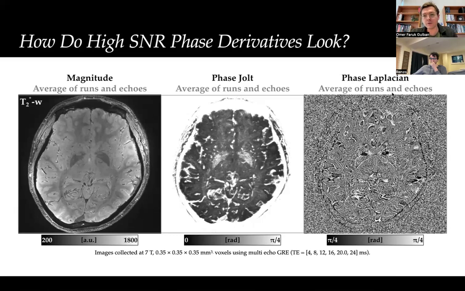Whereas when you look at the phase Laplacian, for a human just looking at the image, this is not so easy to understand compared to magnitude or phase jolt images. So there is a pretty big qualitative and quantitative difference between these summaries of the second spatial derivative of the phase, let's say. So we need to keep this in mind for the future.